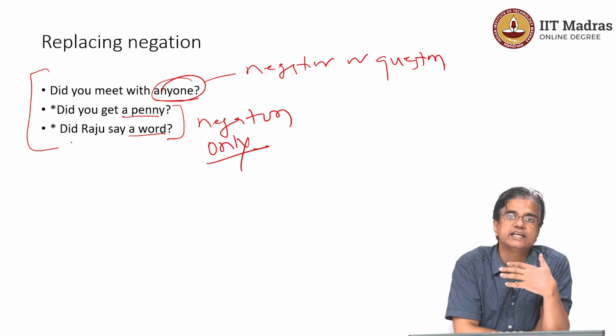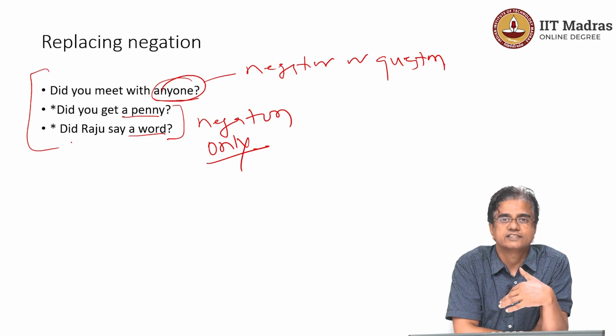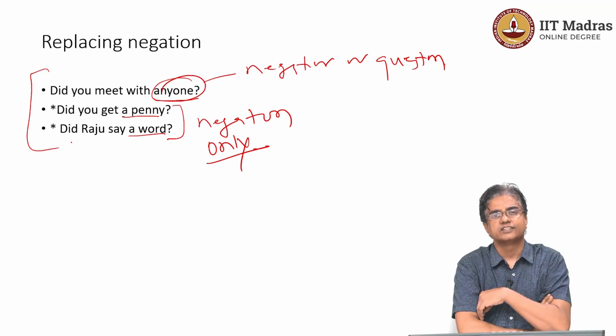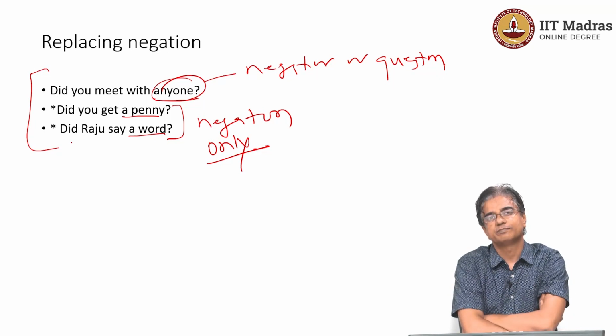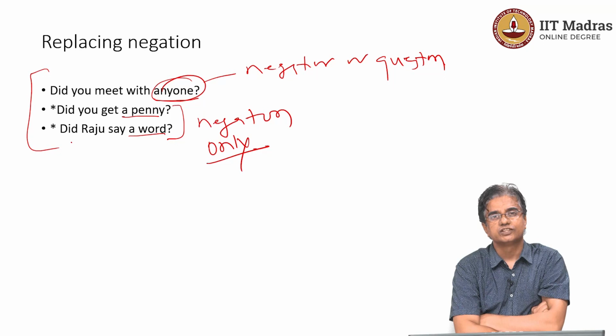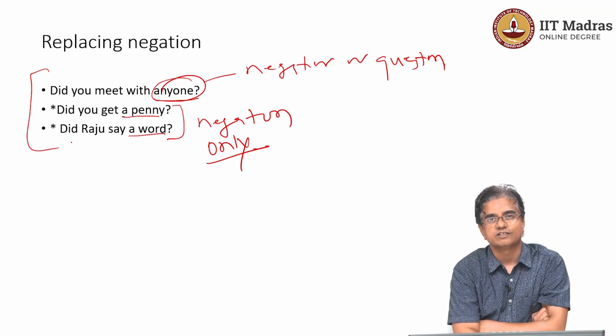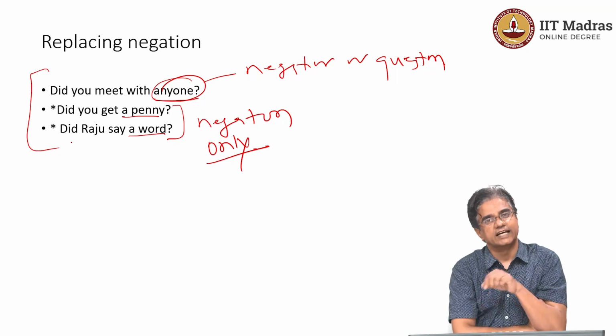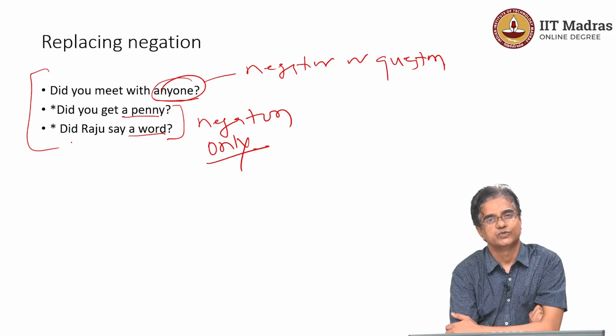Without putting in efforts, without paying attention to these processes, we won't get to the detailed nuances of these structures. And therefore, it is important for us to see these things.